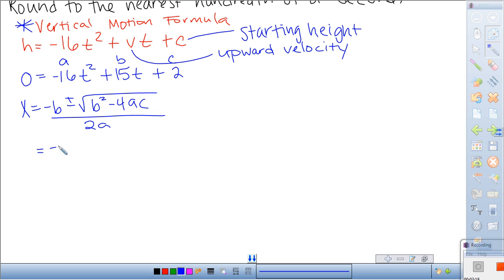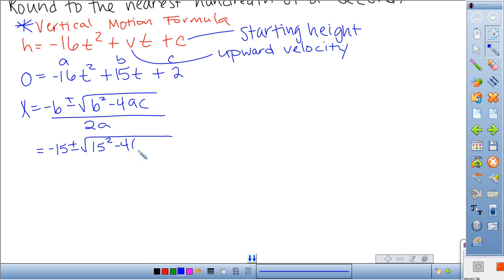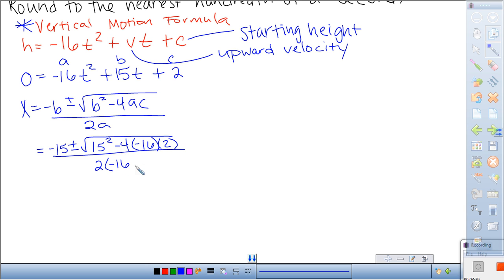So we have the opposite of b, so b is 15, the opposite of 15, negative 15, plus or minus the square root of b squared, so 15 squared, minus 4 times a, which is negative 16, times c, which is 2, all divided by 2 times a, which is negative 16. We always work under the radical first.